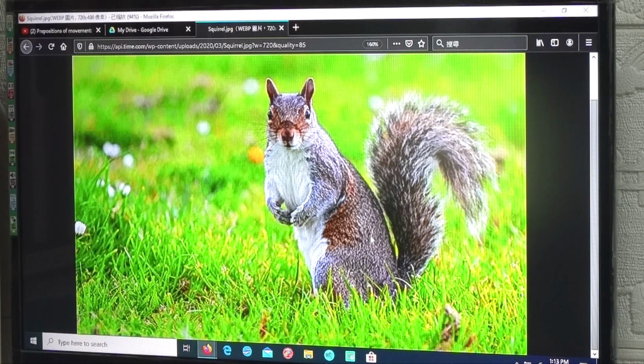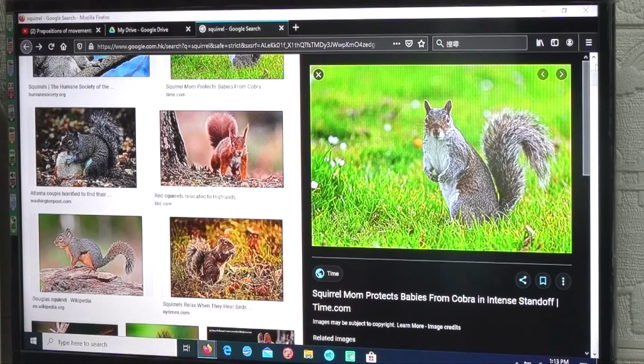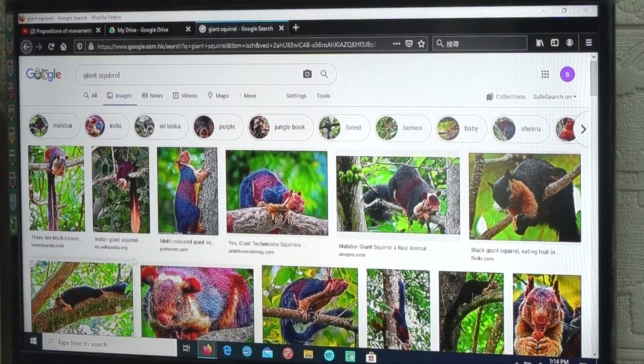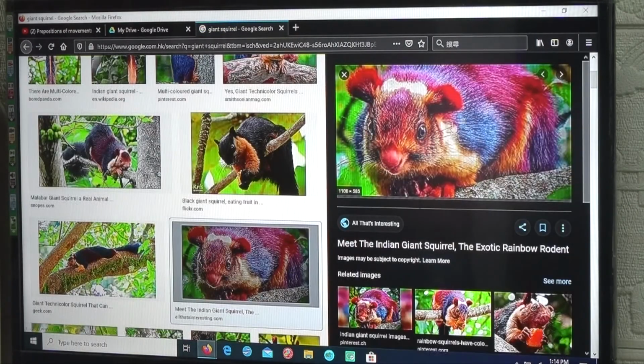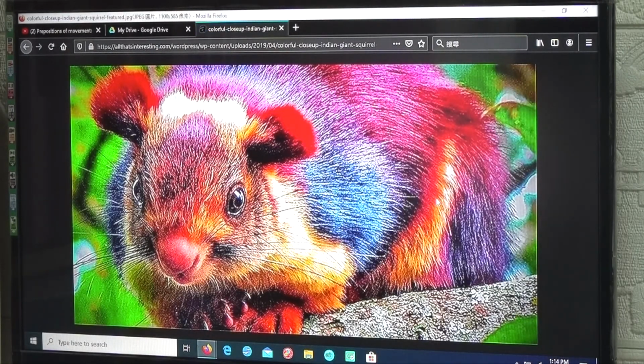Yes, a giant squirrel. So what is giant? Giant means very, very big. So let's have a look at the giant squirrel. So giant squirrel. Wow, this is a giant squirrel. Can you see that? It's not that big actually. Yeah, a giant squirrel. Wow, colorful, right? It's very colorful.